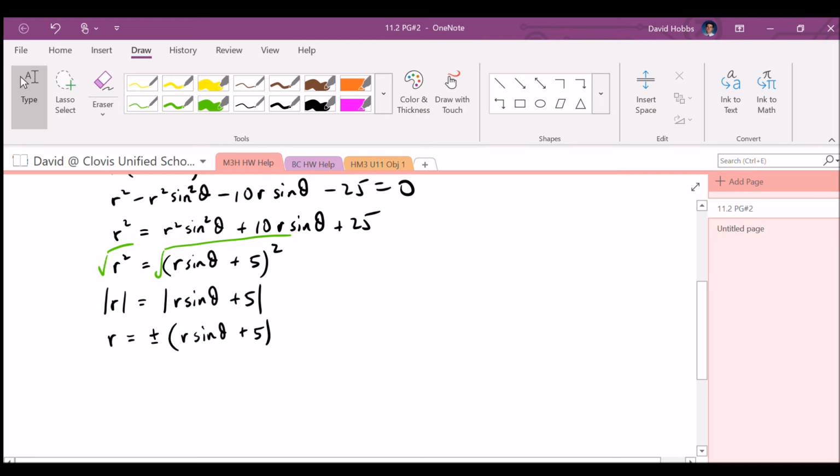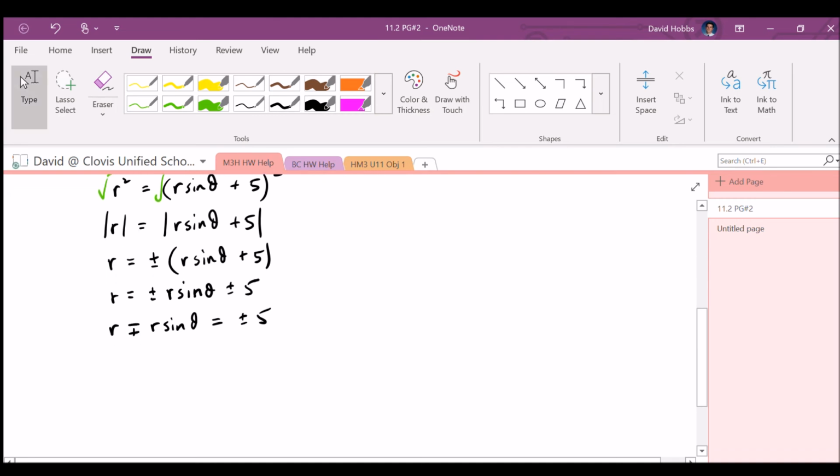So if we distribute the plus or minus, we get r equals plus or minus r sine theta and plus or minus 5. And I want to get the r's together, so I'm going to bring the plus or minus r sine theta over to the left. And so when I do that, the signs change, and I get minus plus r sine theta equals plus or minus 5.